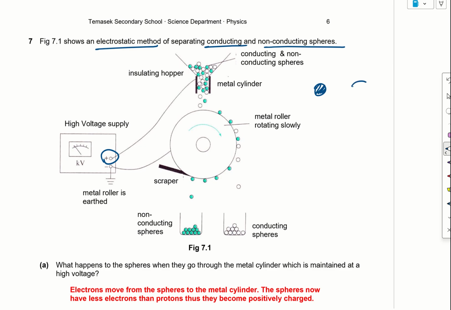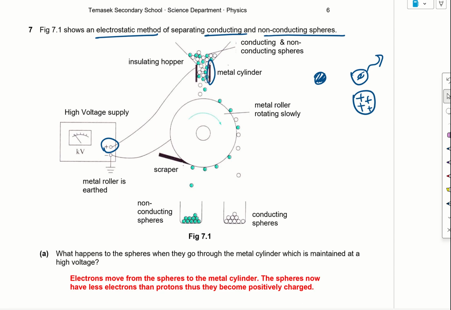The conducting spheres are white, so the electrons within the conducting spheres will be transferred to the metal cylinder, so this conducting sphere will be positively charged. How about for the non-conducting sphere? The electrons on the outer surface will be transferred, so the non-conducting sphere will also become positively charged.